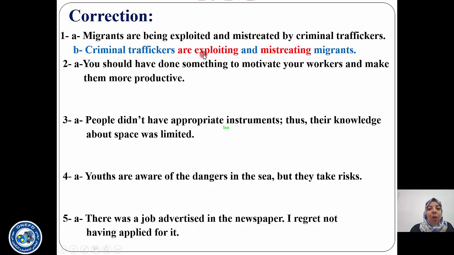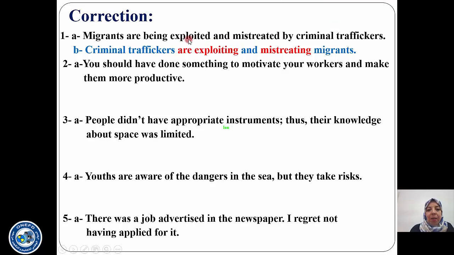So how did I get this form? From the same form as the auxiliary to be, are being, so are exploiting. Of course, you need to pay attention to your subject. If it is plural, you keep are, and if it is singular, you have to change it into is or am, depending on the sentence, on the subject given, of course.